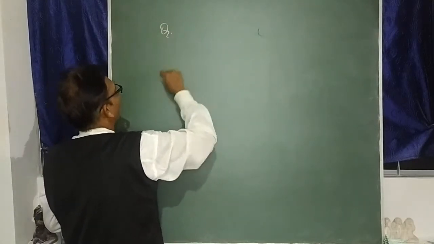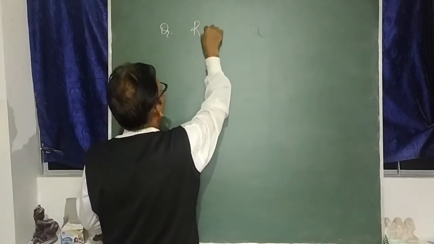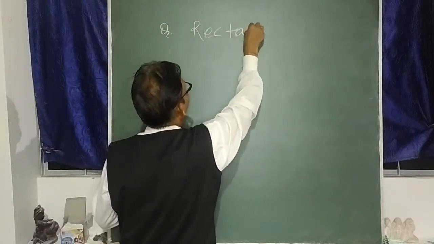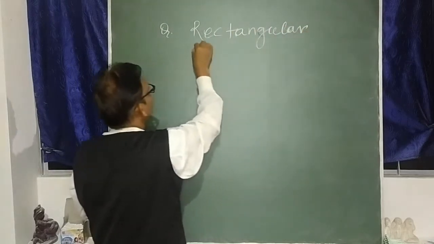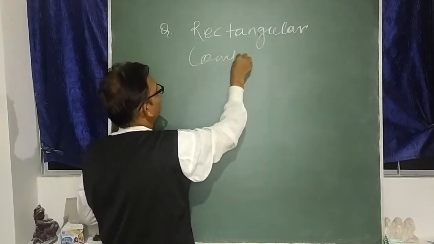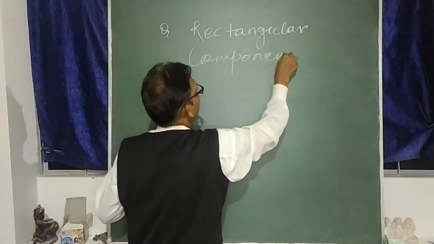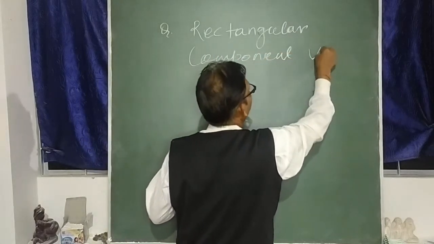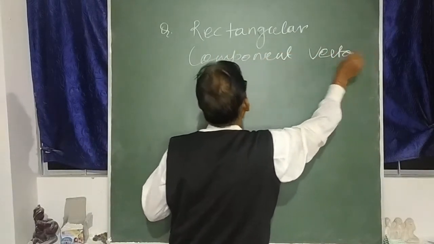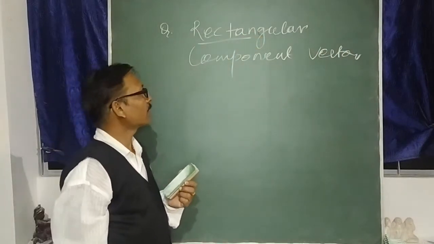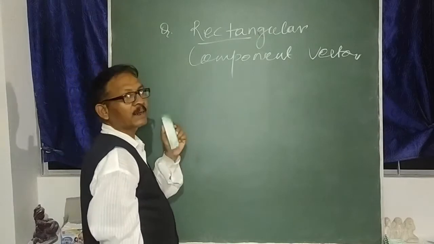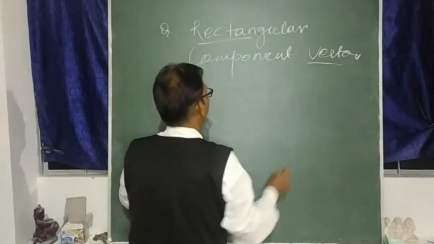We will start now rectangular component of a vector. Rectangle, you know, is a shape with length and breadth.